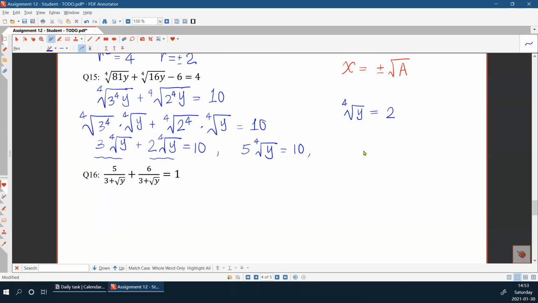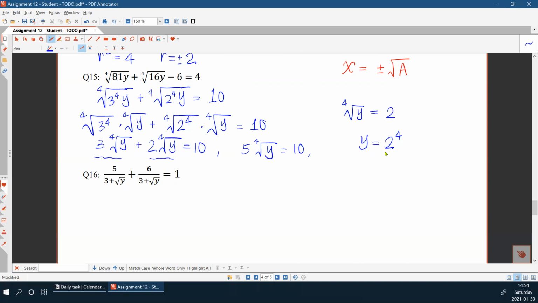2, right? Okay. If you have something's fourth root is 2, that means the thing inside is actually 2 raised to the fourth power, right? Because when you raise 2 to the fourth power and finding its fourth root, the result is 2, right?